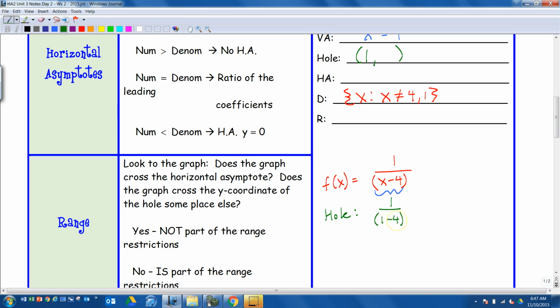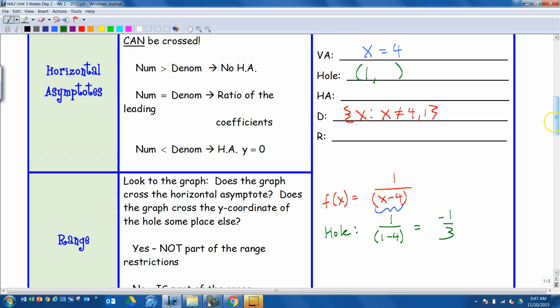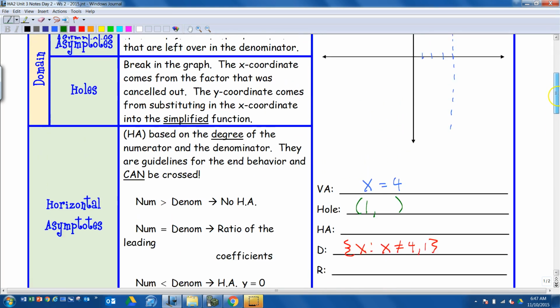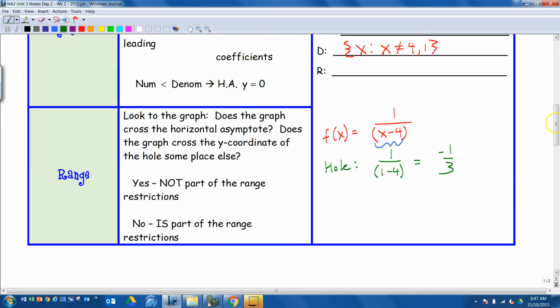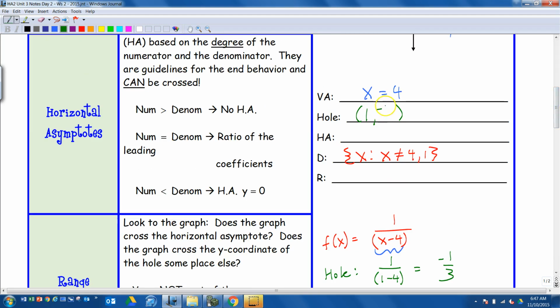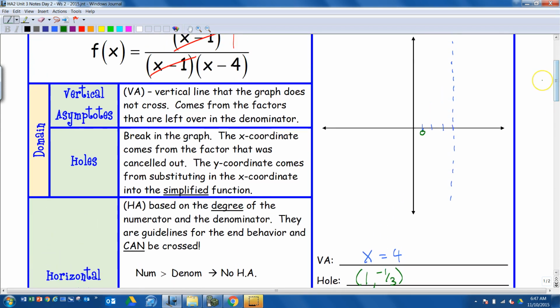If you plug it into the original, you're just going to get 0 over 0. So we get 1, negative 1/3. Okay? Which is about right there. Oh, and I should also put that coordinate here. So far, those are the 2 pieces I found: a wall there because it's left over, a vertical asymptote, and a hole there, which is a break in the graph.